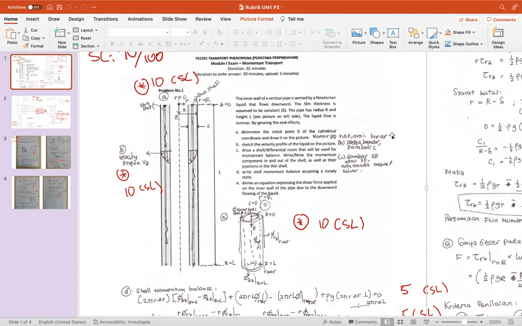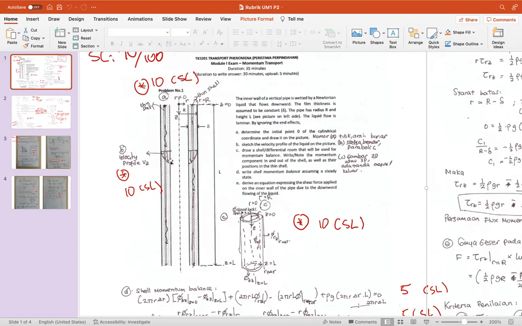the correct direction, arah yang benar. And then the second one, sketch the velocity profile of the liquid on the picture. This is part B, velocity profile v_z, and it is a falling film inside the inner wall of a vertical pipe. On the surface of the liquid with the atmospheric air, you have a velocity, and at the wall the velocity is 0.